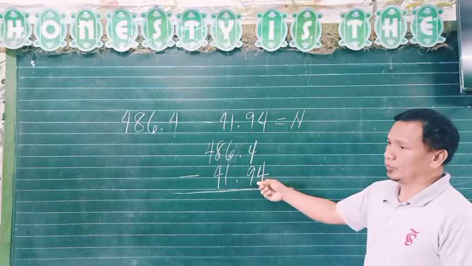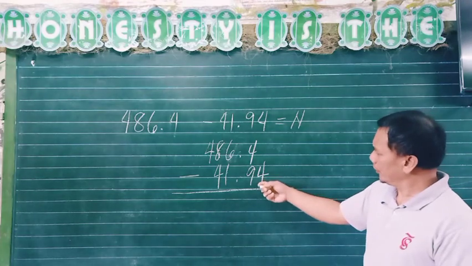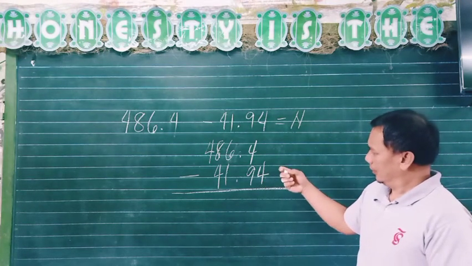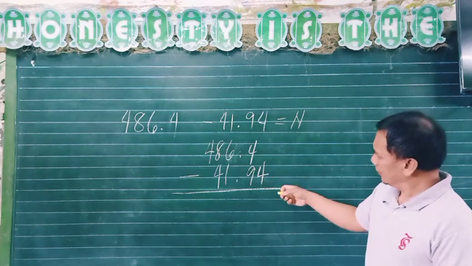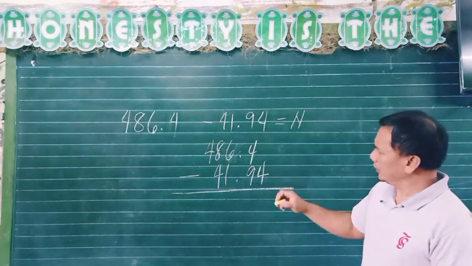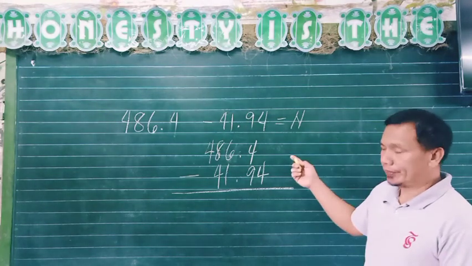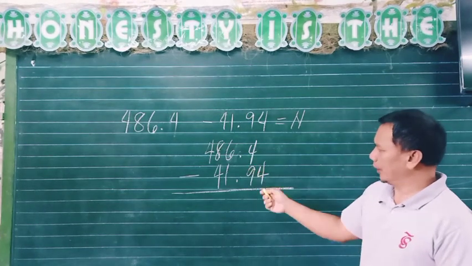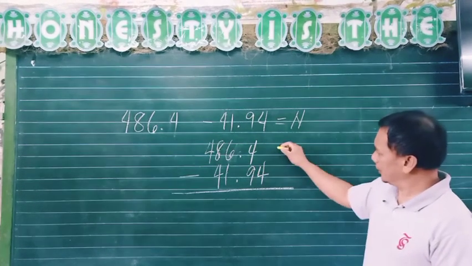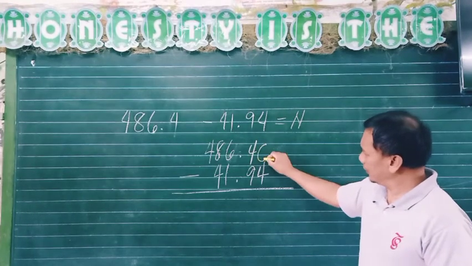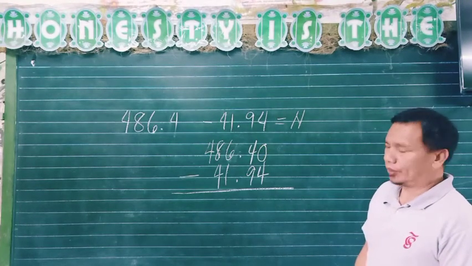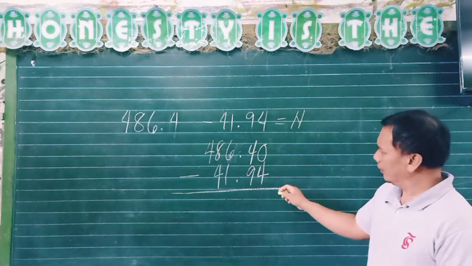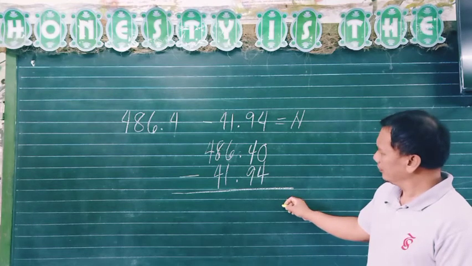Since we have 2 decimal places in your subtrahend, you have to make also 2 decimal places in your minuend in order for you to subtract the numbers correctly. So you write that 0 by affixing 0 in the minuend.